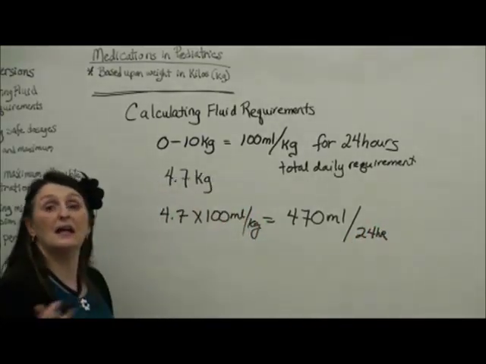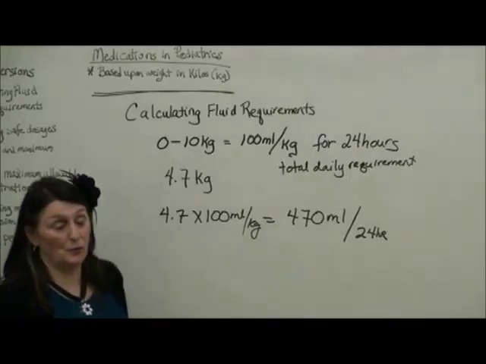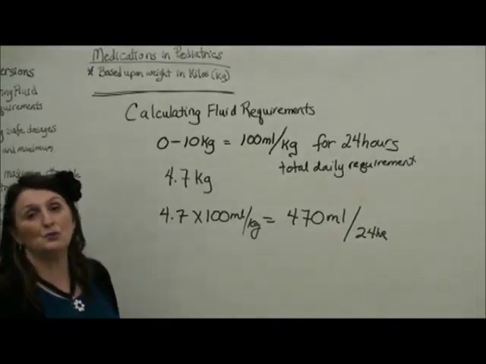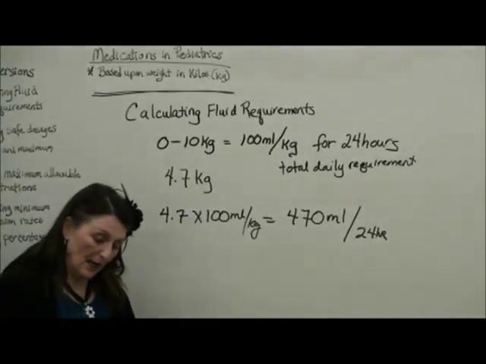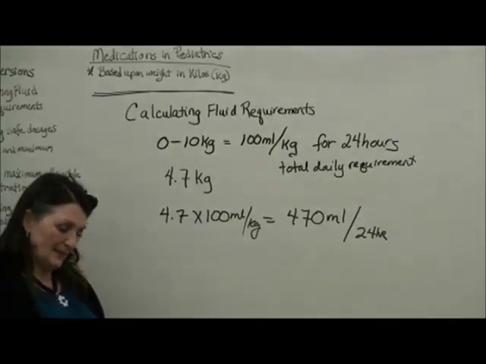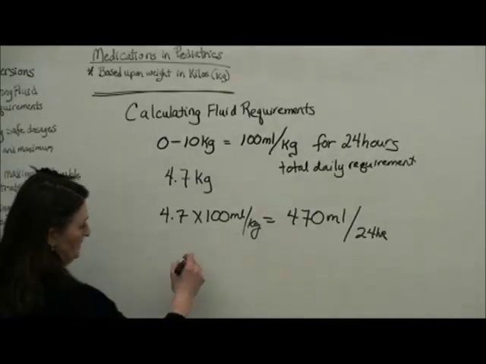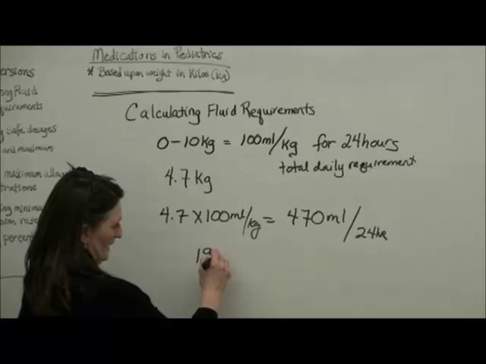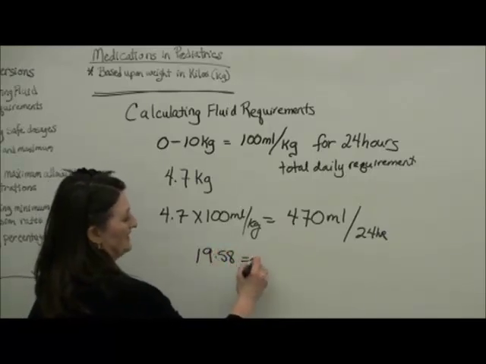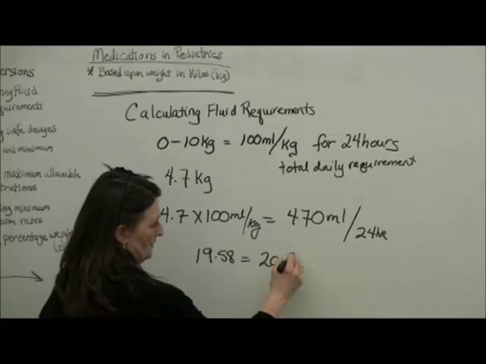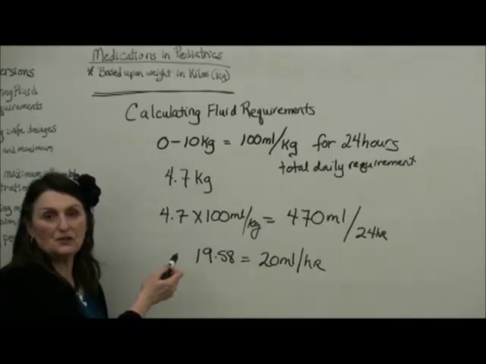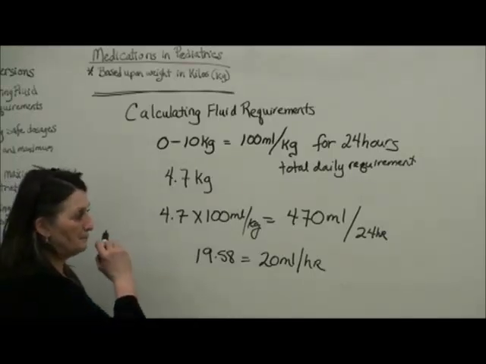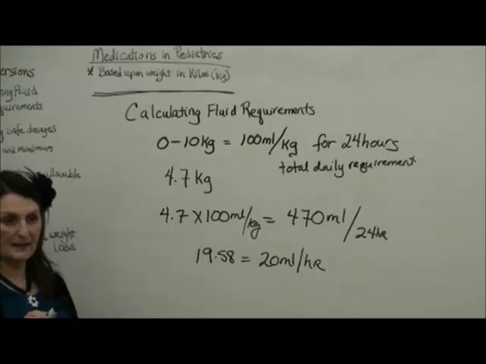So if they are NPO, because they're going to have surgery in the morning or something, and they order the IV to run at maintenance for this patient, what are we going to run per hour? 470 divided by 24 hours. The IV on this baby needs to be going 19.58, or we can say 20 milliliters per hour will give this 4.7 kilo child their maintenance fluids.